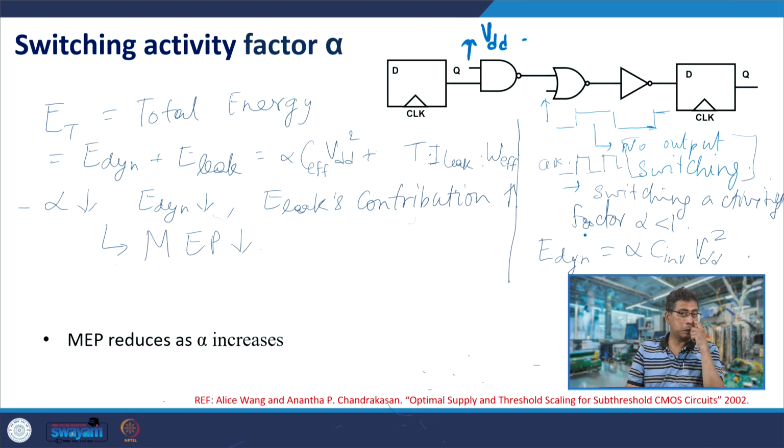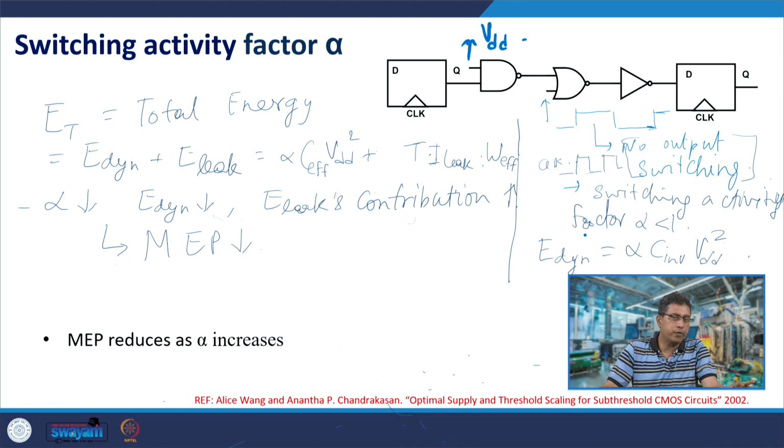Now, let us discuss the implication of switching activity factor on the minimum energy point. Why should switching activity factor have an impact on the minimum energy point? If the switching activity is lower, dynamic energy consumption is smaller, so it is leakage energy which would dominate.